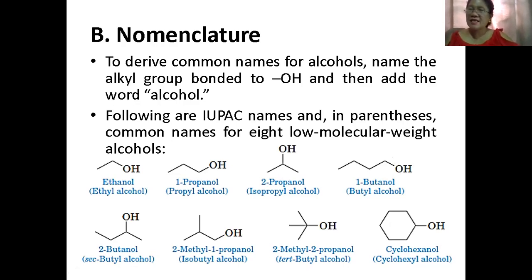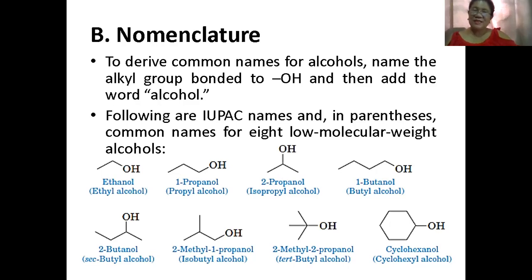Take away the E and change it to -ol. Therefore, that is butanol. Where can you find the OH group? It is on carbon 1. Therefore, that is 1-butanol. If it is on carbon 2, it is 2-butanol, and that is secondary butyl alcohol in the common name.